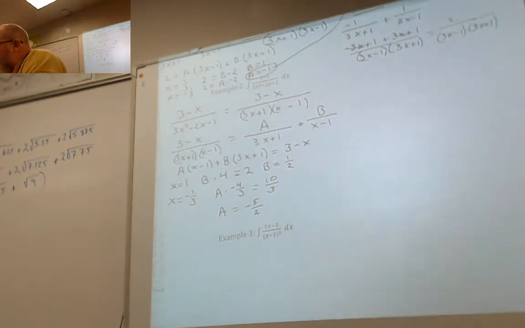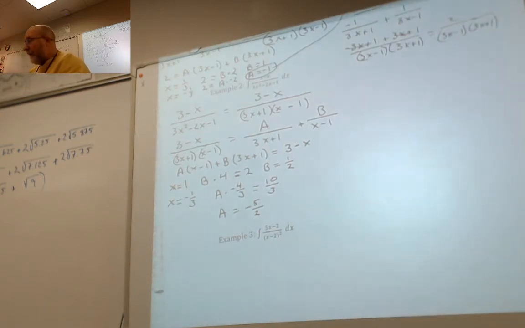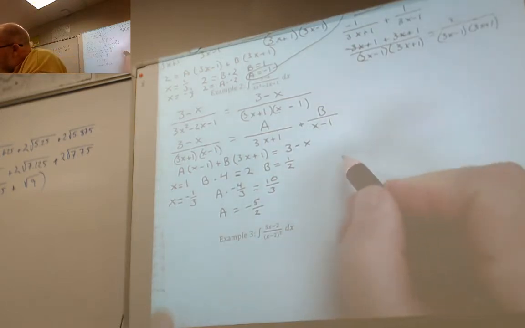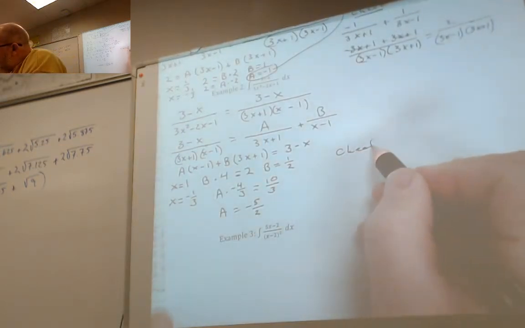All right. So now I'm going to show you my check in case I made a mistake. So my check looks like this.